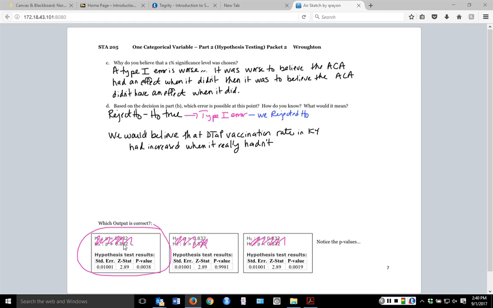You should still be able to tell which output goes with which p-value based upon your test statistic and the number given to you. So how would I get a p-value of 0.9981 if I have a test statistic of 2.89? Well, the only way that's going to happen is by shading all of this to the right. So that means that alternative hypothesis had to have a less than sign in it.